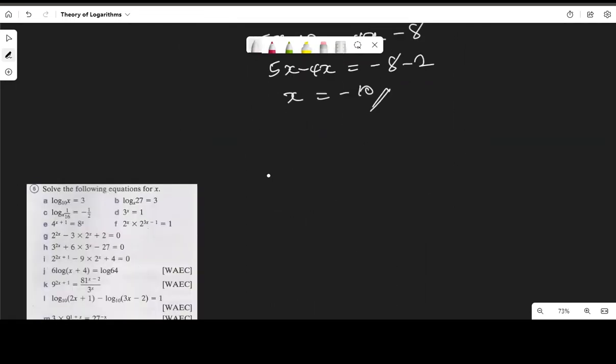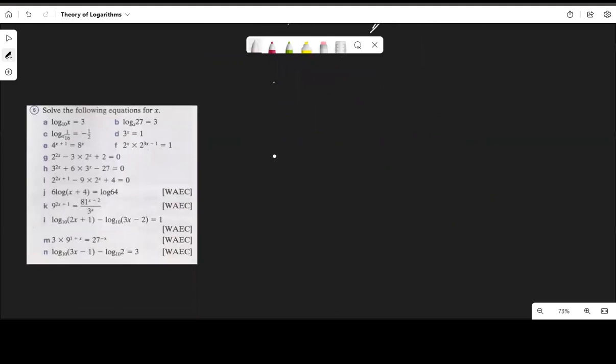For L, we have log 2x plus 1 to base 10 minus log 3x minus 2 to base 10 equal to 1.